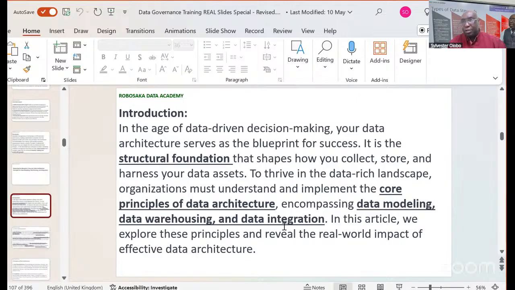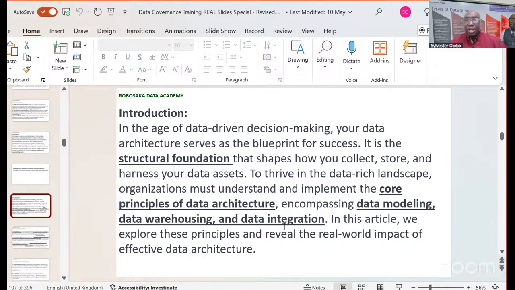It is a foundational structure that requires you to shape how data are collected, stored, and used in order to value the data asset. It requires a landscape that needs to be put down by the data governance program, and must be understood and implemented in terms of the core principles of data architecture.